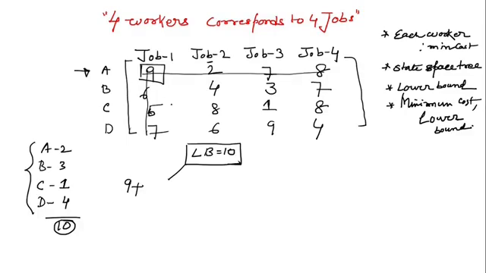From job 1, this 9 he has chosen because this is the first entry. For job 2, choose the minimum one, it is 4, because 2 cannot come, because once you choose 9 this whole row and column will be locked. Then from here minimum is 1, then finally minimum is 4. So when job 1 is assigned to A, cost becomes 18.